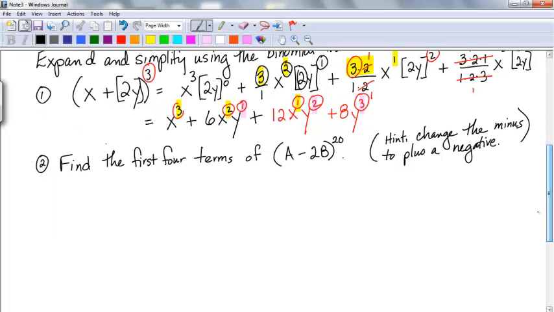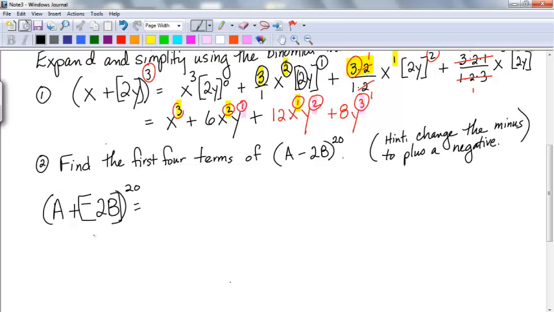If it's a minus sign in the expansion, you always want to change it. So we want a plus a negative 2b, and that's to the 20th. I would also say that this is the second term, so use brackets around it. Okay? Find the first 4 terms.